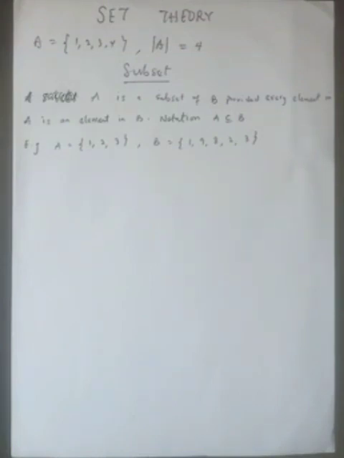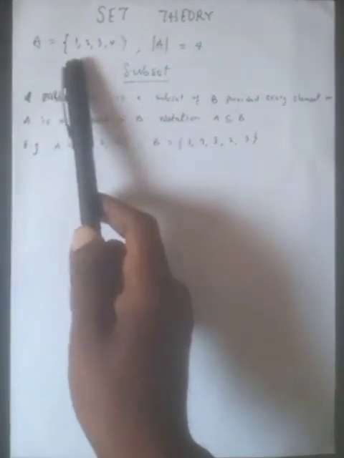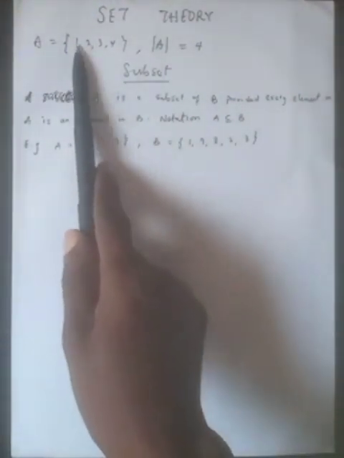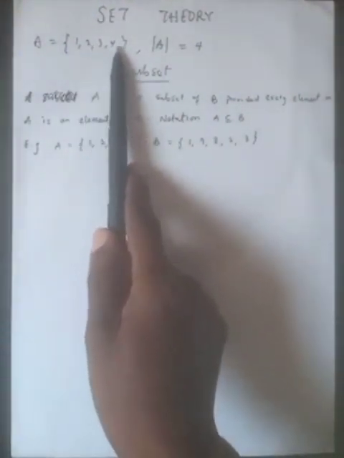By elements, we know those are the items, those numbers contained in any given set. While by cardinality, we mean the number of those elements present in a given set. So if I may talk about cardinality, let's make use of set A given above here. We can see set A comprises element 1, element 2, element 3, and 4.